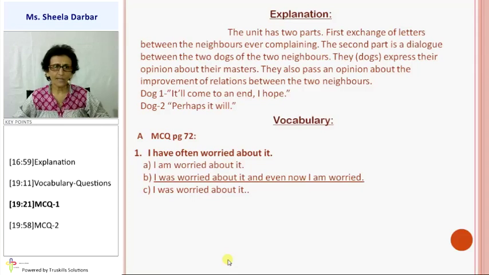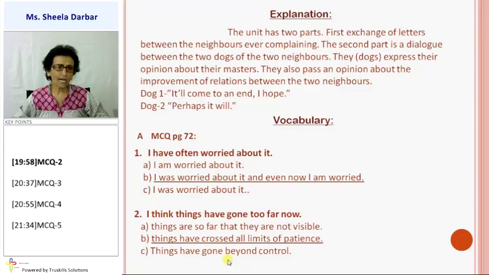It is, I was worried about it and even now I am worried. So, in the past, the worry was there and it is still continuing and therefore the second option is appropriate.